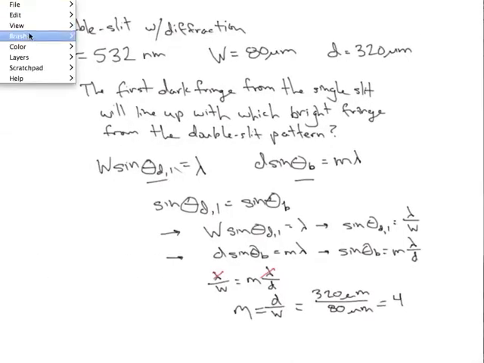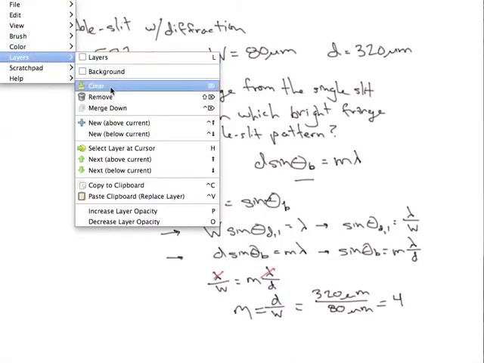So let's work out another example with this, and with circular apertures. So another example here is a microscope.